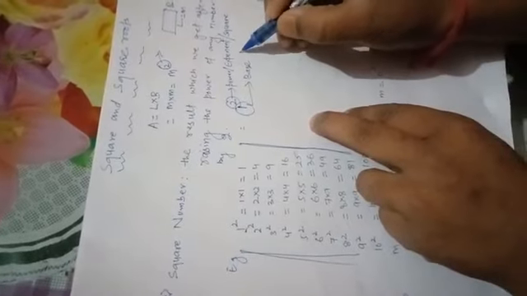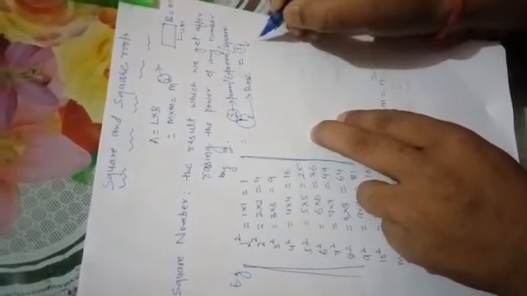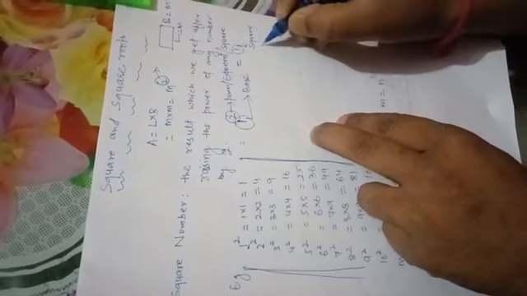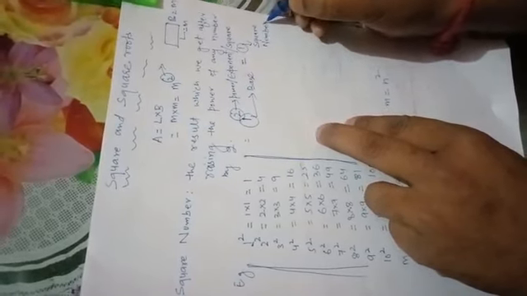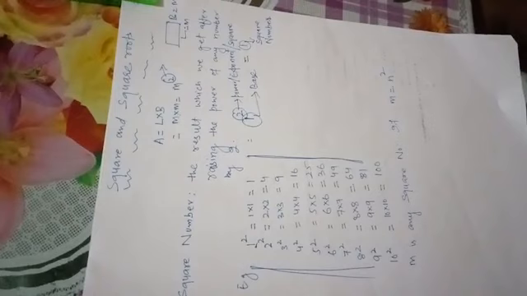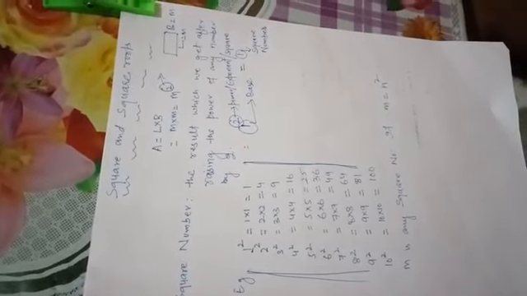and the result which we are getting will be called the square number. Again, when we are raising a number to power 2 and getting the result, here there become 3 parts.